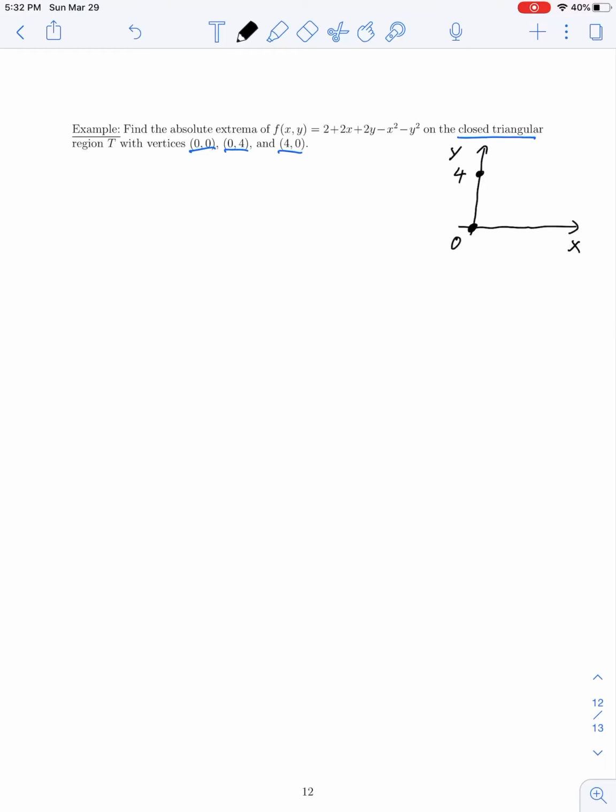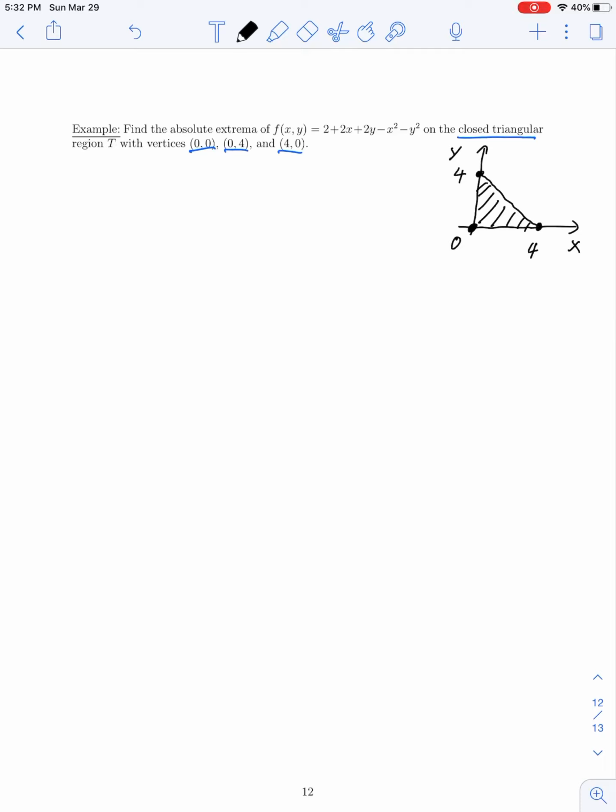Here it was the closed triangular region with vertices at (0, 0), (0, 4), and (4, 0). So we're considering the part of the xy plane that lies in this closed triangular region. And we can see certainly it is bounded because we could enclose this within a disk.